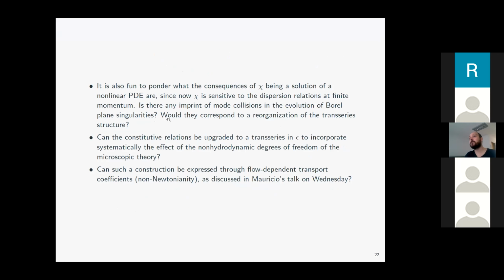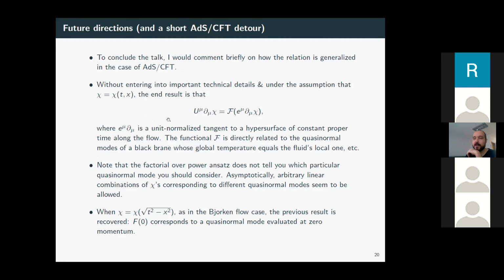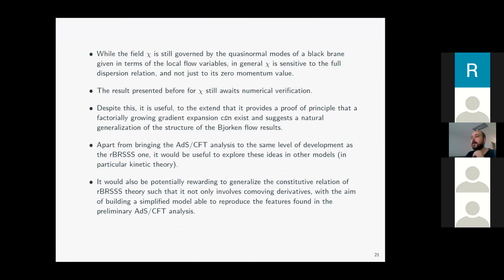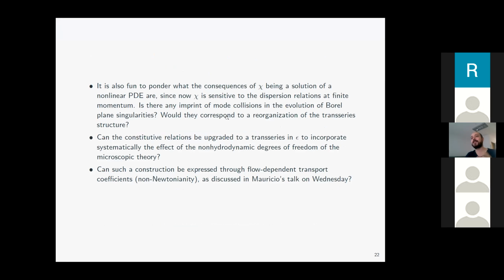I would also say that, to me at least, it's fun to wonder about the consequences of this function chi, which again controls the singularities of the Borel transform of the gradient expansion. The fact that it's sensitive to the quasi-normal modes at finite momentum suggests that maybe there is an imprint of the mode collisions that Ben discussed in his talk into the, let's say, space-time evolution of these singularities in the Borel plane.